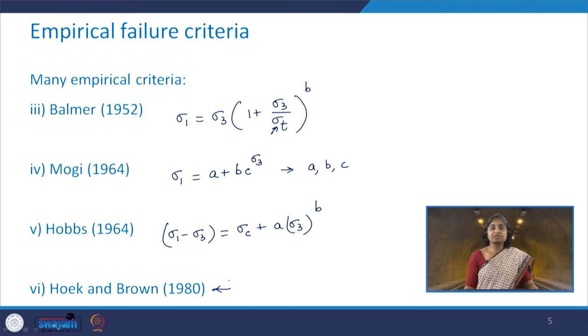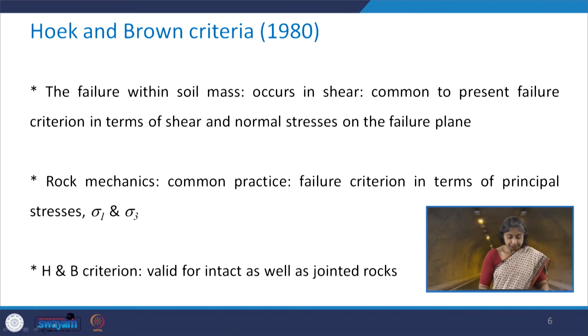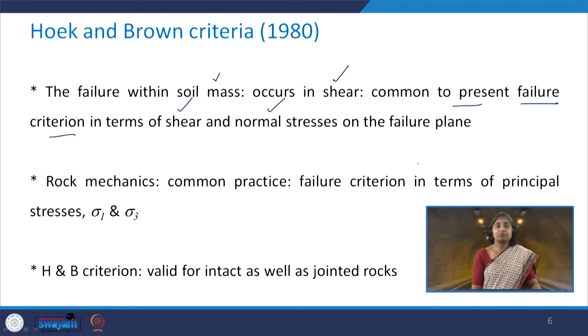So, this is one of the most commonly adopted empirical criteria to be applied in case of rocks, and this is also applicable in case of rock masses. So, let us study this particular criterion in more detail. The failure within the soil mass occurs in shear, so it is common to present the failure criterion in terms of shear and the normal stresses on the failure plane.